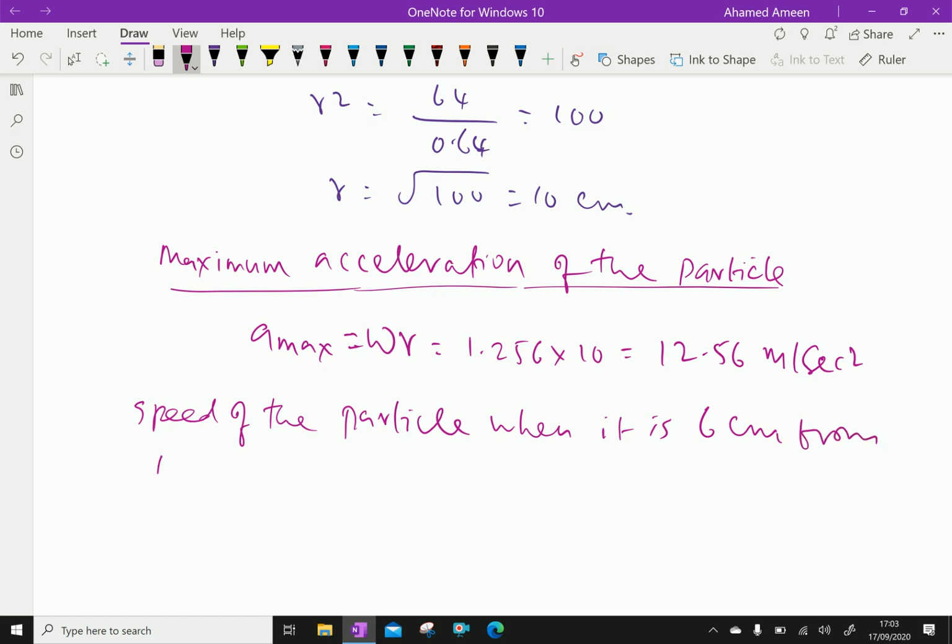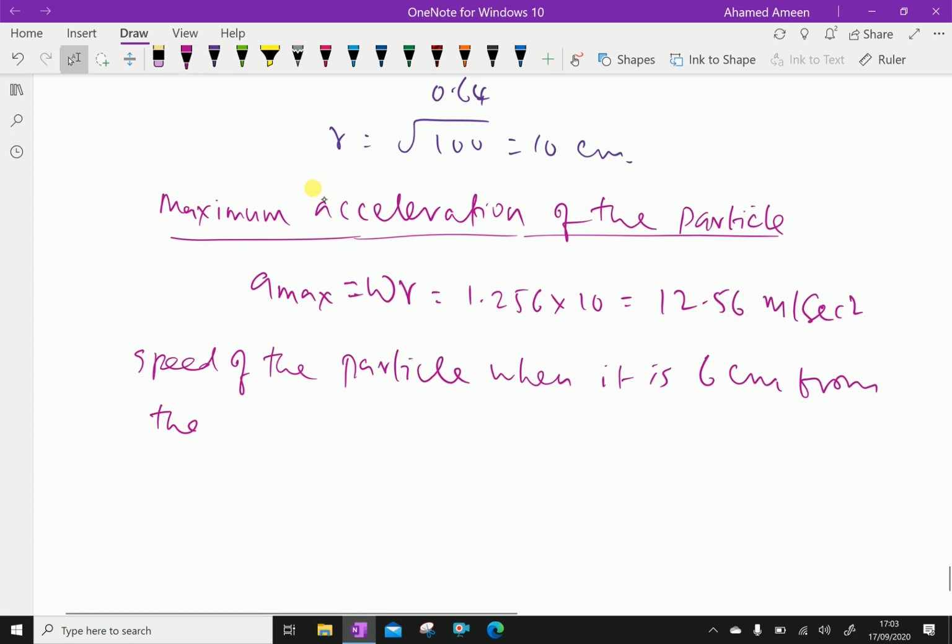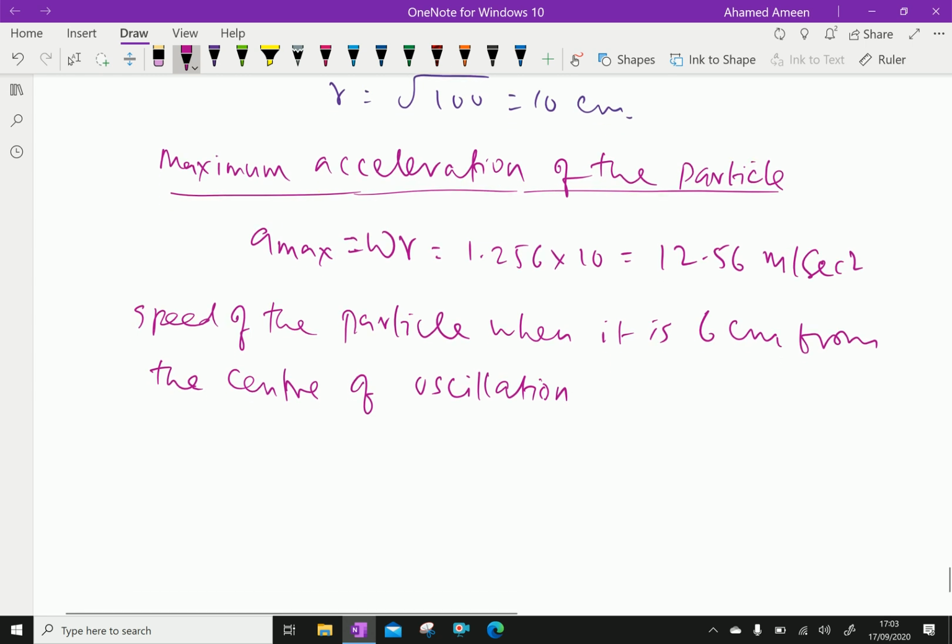It is given as V equals omega square root of r squared minus y squared.